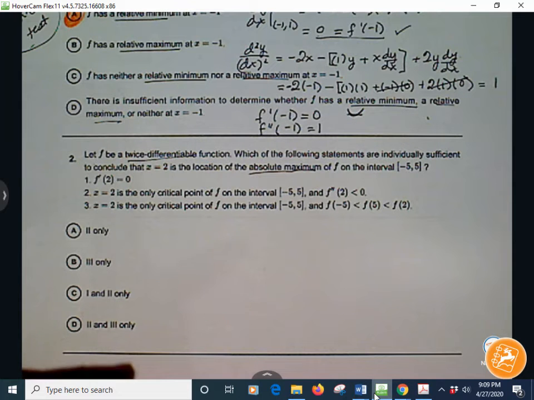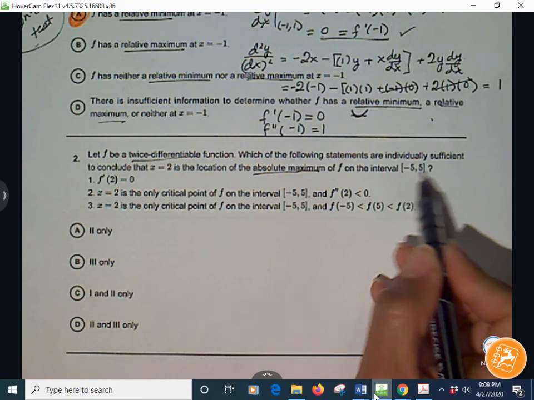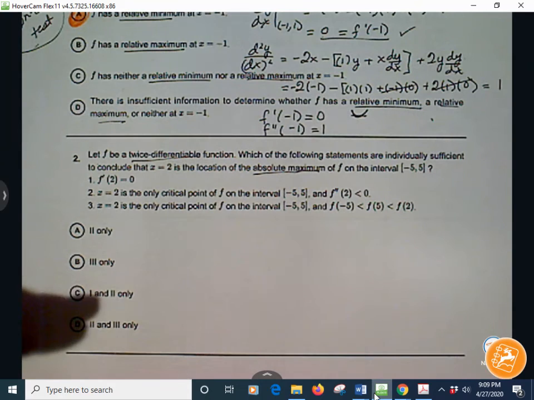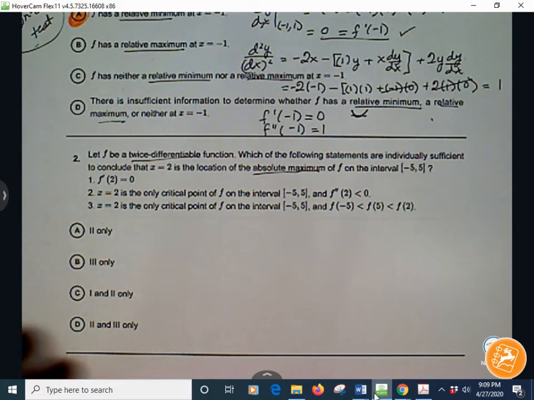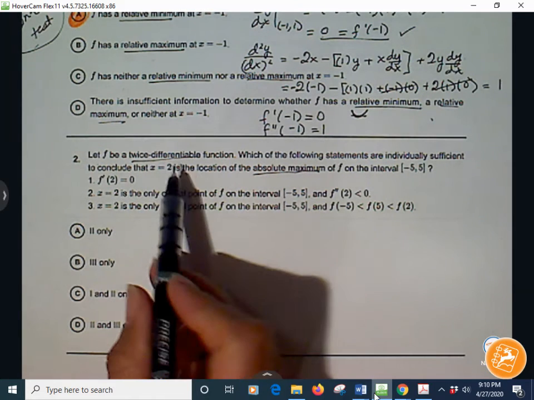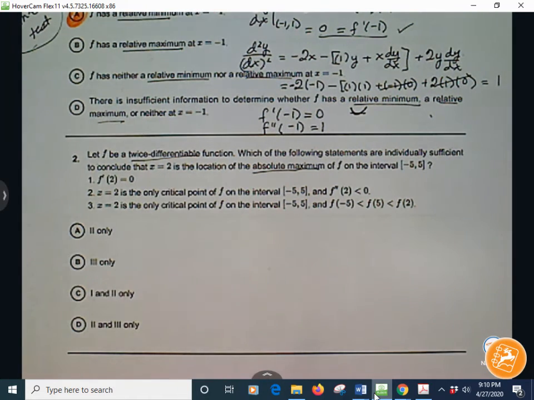It must exist on this interval, -5 to 5, which means there cannot be any derivatives where your x value does not exist. Okay, you don't have any vertical tangents, or you don't have any abrupt changes in the slopes. Okay, you have a nice smooth curve.